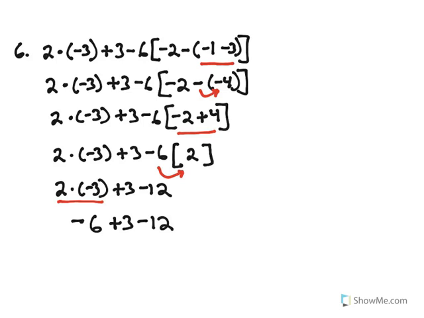And negative 6 plus 3 is a minus 3. Okay? And then minus 3 minus 12 is minus 15. Okay? So we're able to solve that one. All right? Okay. I think we should do more. Just do another one. Okay?